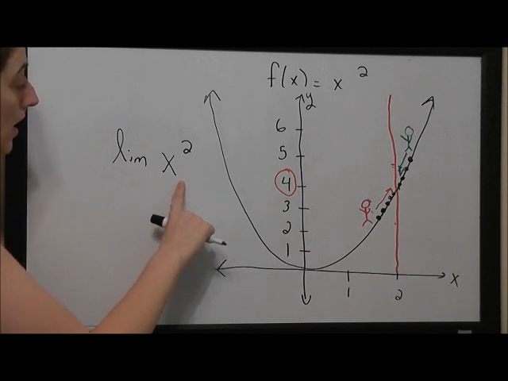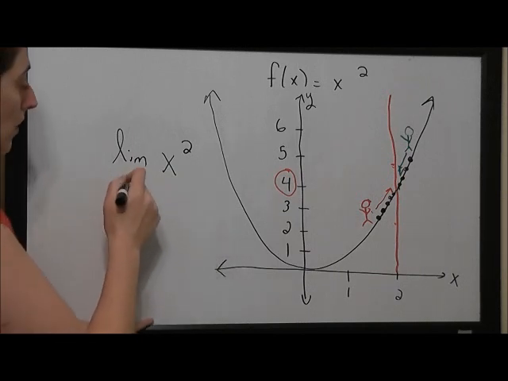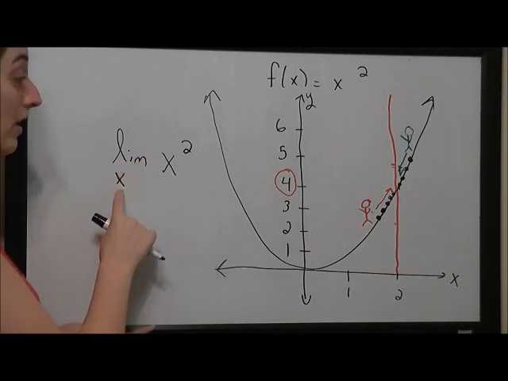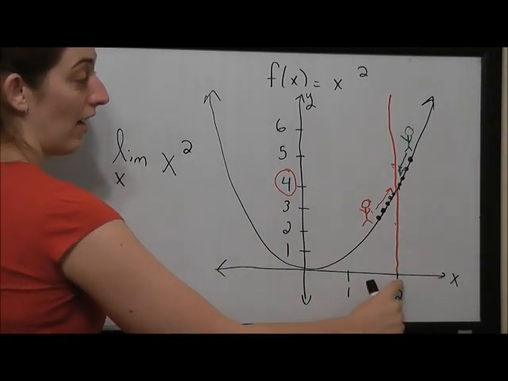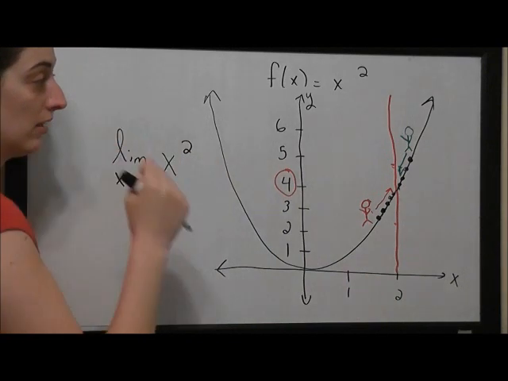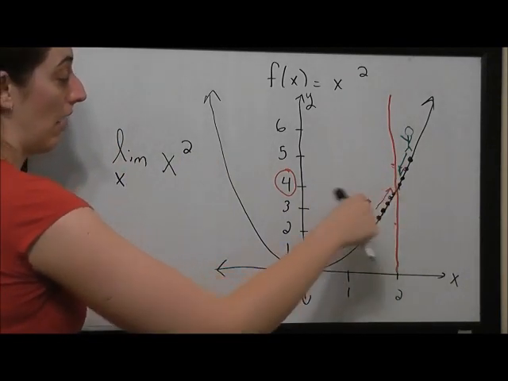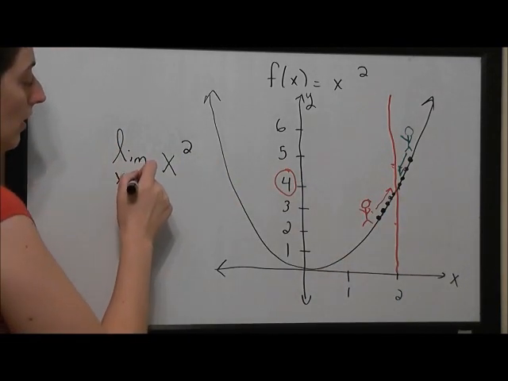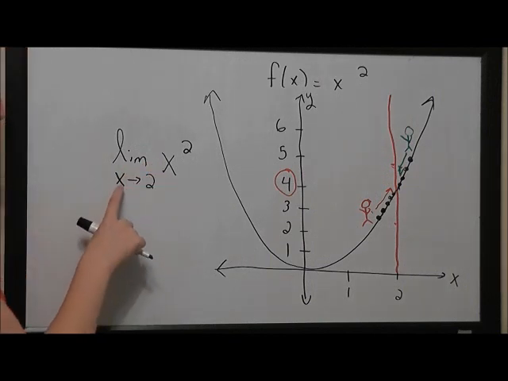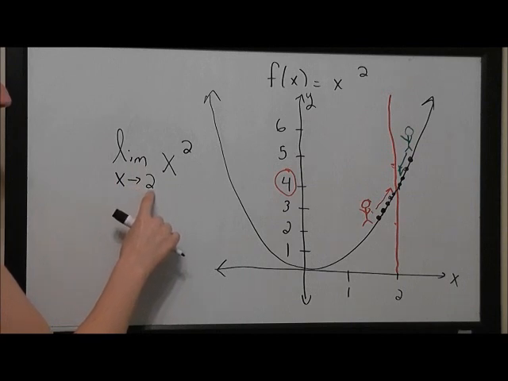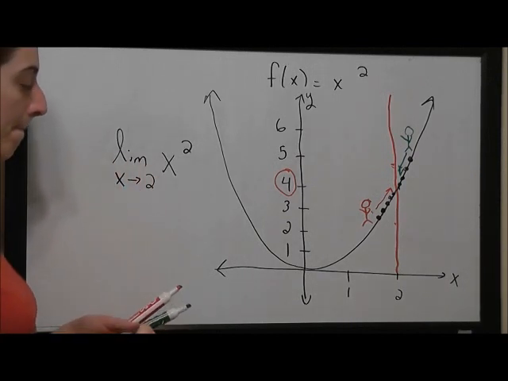That's really important. So to do that, we write x, because it was an x value we're looking around. And the value we're looking around is 2. So the x arrow 2 tells you that we're looking around 2.